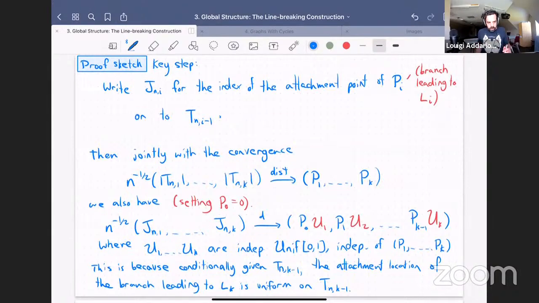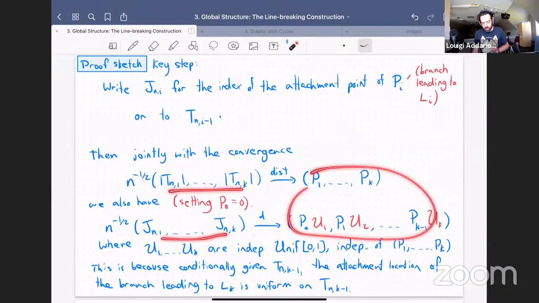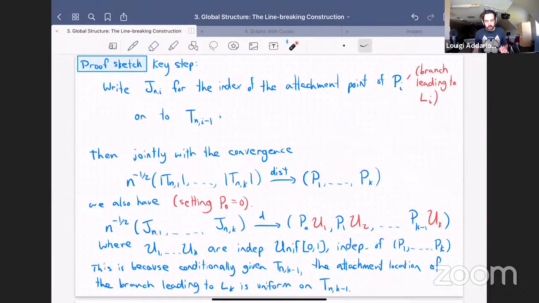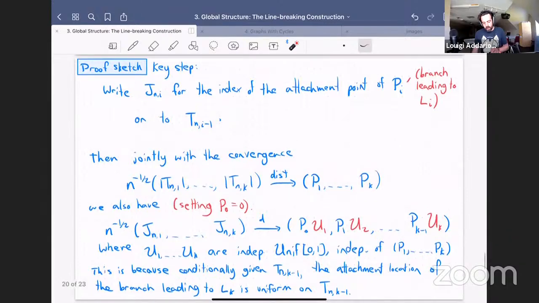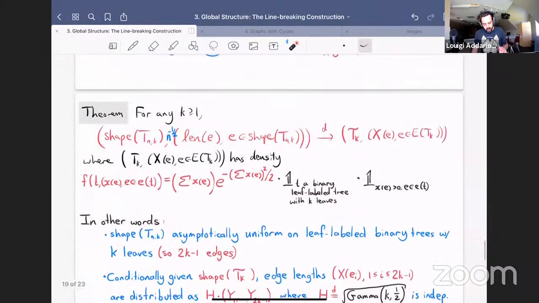Okay. So now you have a joint distributional convergence of the lengths and of the attachment locations. Once you've established that, we can describe the full limiting process. If we want to understand the tree with edge lengths in the limit, we can just describe the limiting construction that corresponds to the finite construction.